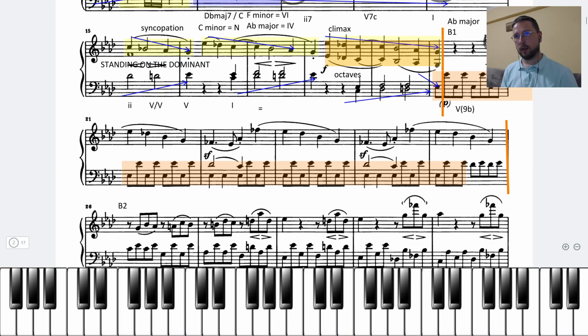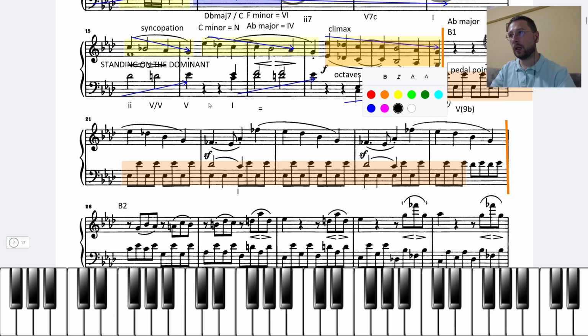So in a way, that note is still part of F minor, and it's part of A flat major. It's connecting both places. So harmonically we have this dominant and tonic, and all of that on top of a pedal point. Now this pedal point, really what it does is it's a continuation of the standing on the dominant.